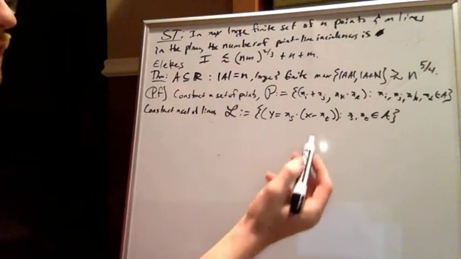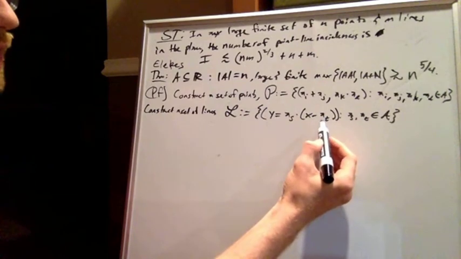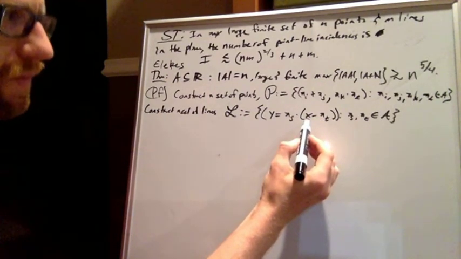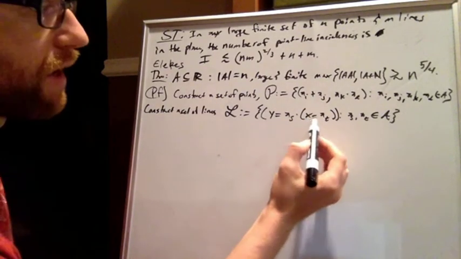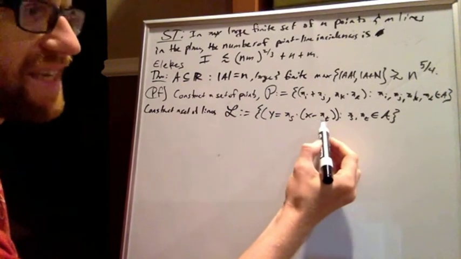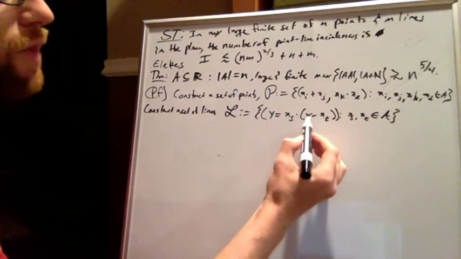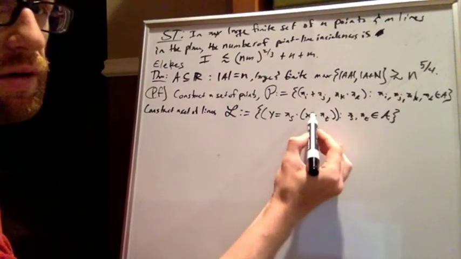And in particular, as it ranges through the different choices of a_s and a_t, if x happens to be an element of the sum set, if it happens to be of the form a plus a_t, then when I subtract off a_t, I'll have an element a here.